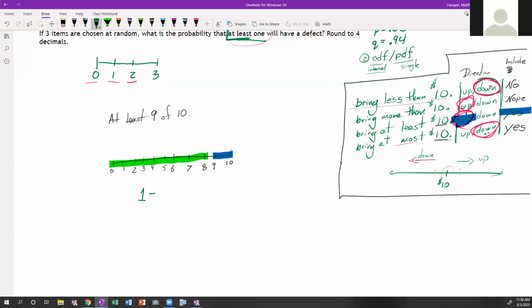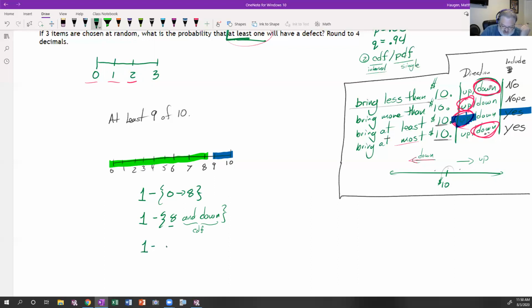So 1 minus, I want 0 through 8, right? Yes. So our tool, again, does the value and downward, right? Mm-hmm. So we're going to subtract 8 and down. That and down is our CDF tool occurring at the 8.